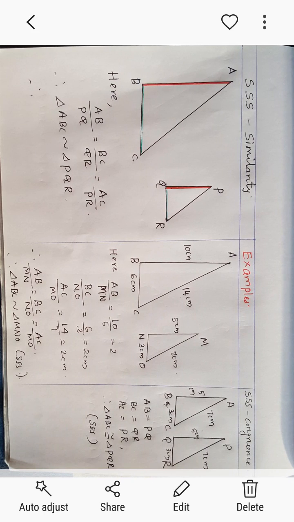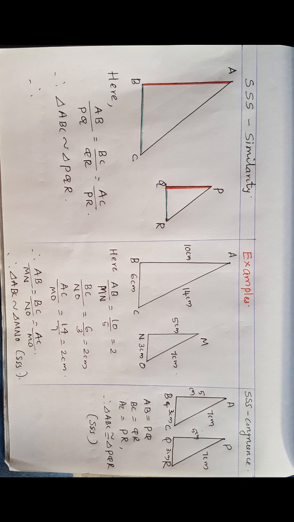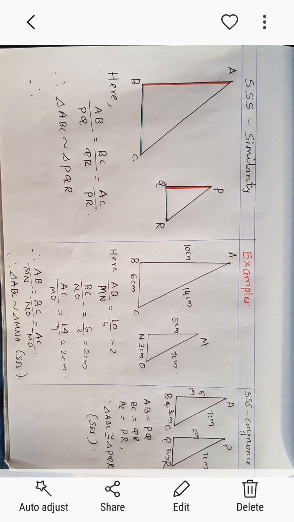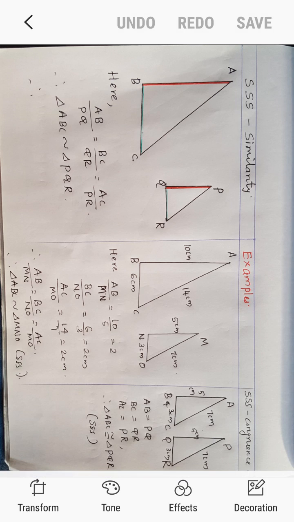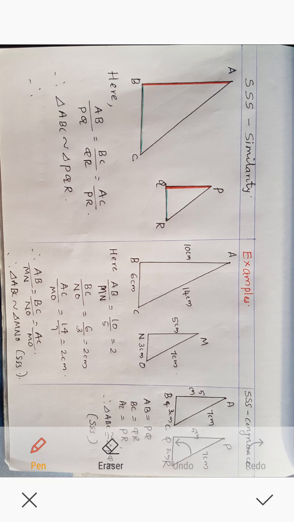Next similarity is SSS similarity. What is SSS congruence? The SSS congruence theorem is: two triangles are said to be congruent if the three sides of one triangle are respectively equal to the three sides of the other triangle.